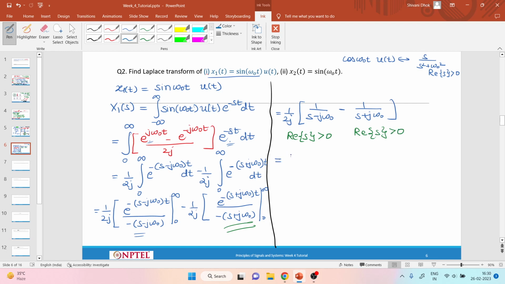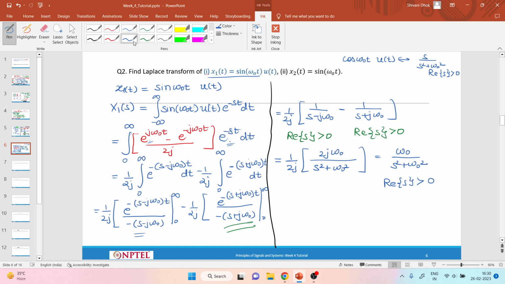So this will lead to 1 upon 2j times 2j omega naught upon s square plus omega naught square, and this is equal to omega naught upon s square plus omega naught square, and real part of s greater than 0 is my region of convergence.